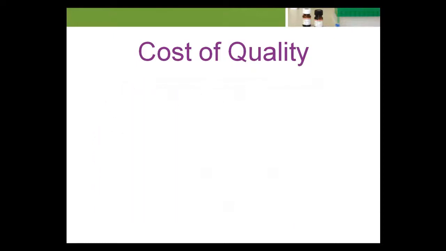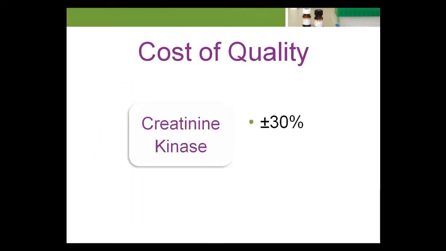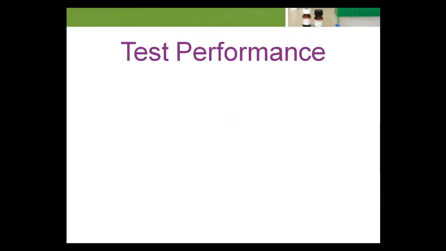If our quality specification for creatinine kinase is plus or minus 30%, and our creatinine kinase test performs with a quality of plus or minus 2%, we don't need to worry about improving creatinine kinase. We should instead focus on other analytes that are not in such good shape. Identifying appropriate quality specifications for each test is not enough for determining how we should control each test.